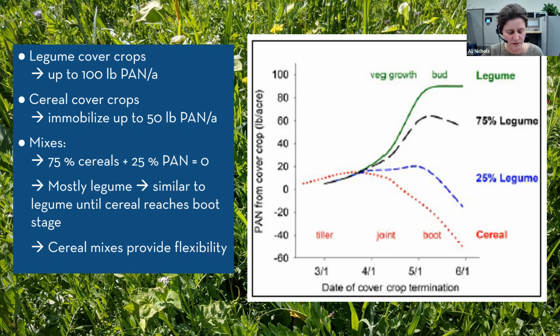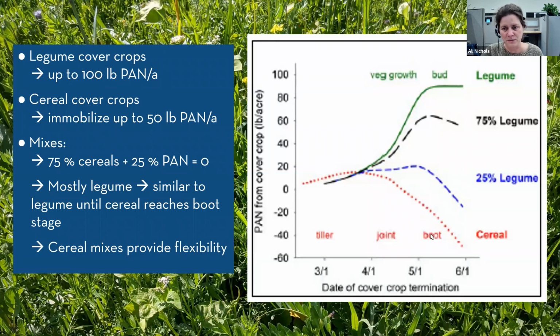They say that, in cereal legume mixtures, the best crop growth stage for maximum plant available nitrogen really depends on the percentage of legume in the stand. So when the cover crop has mostly legume, you can see from this diagram or from this chart that it really does behave much the same as a pure legume stand would, just increases in nitrogen steadily up to a certain point, but that the PAN from crop residue will only increase until the cereal part of that stand reaches boot stage.